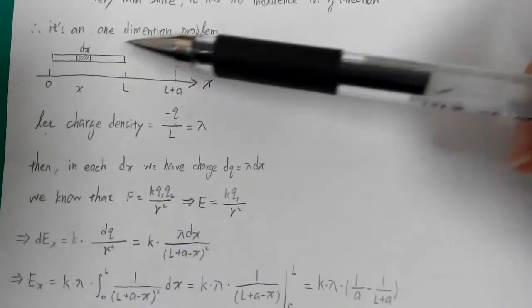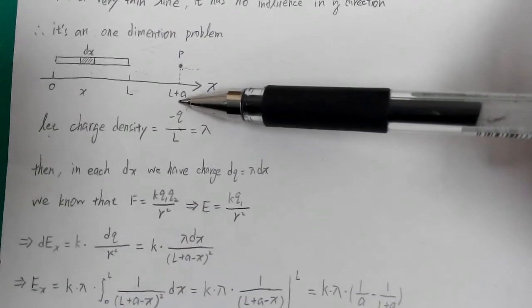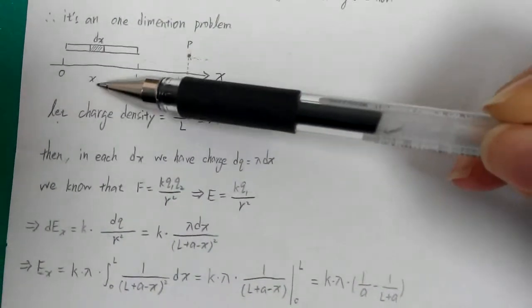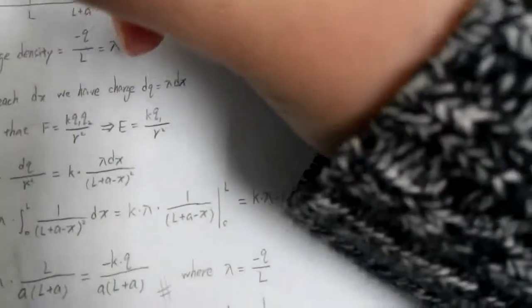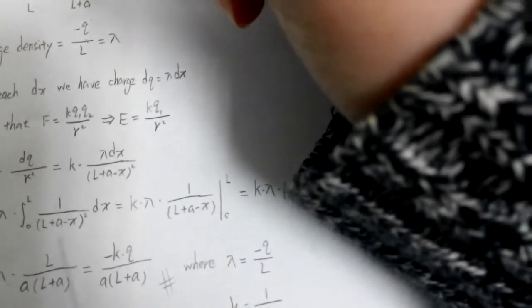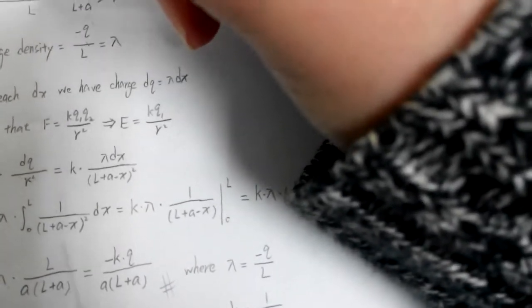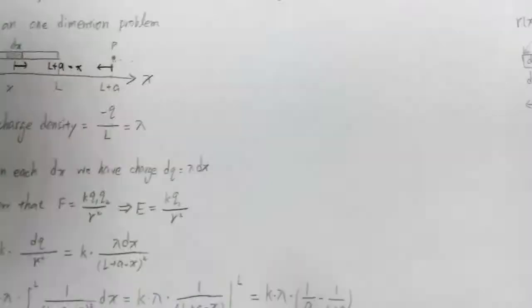So the distance from here to here will be L plus A minus x.